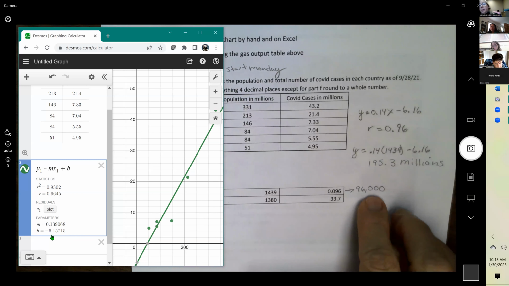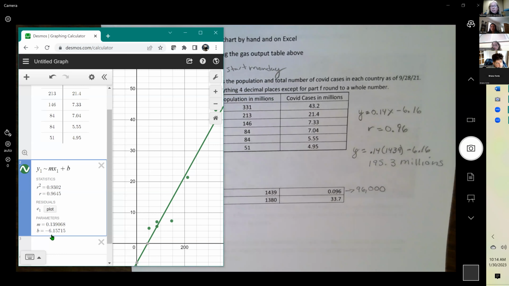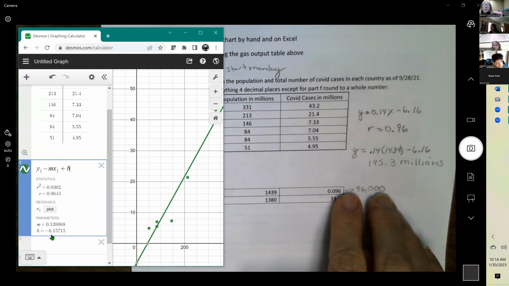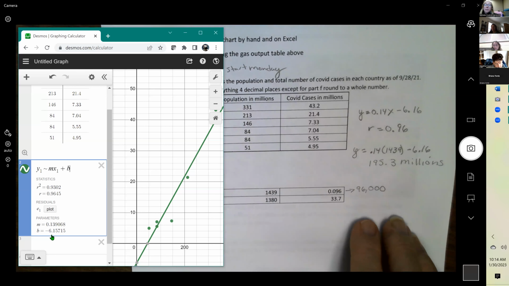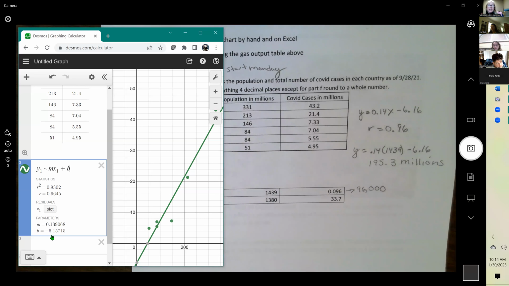At this time, supposedly, they only had 96,000 cases. So either they were lying or it was just, I don't want to call it luck, but maybe they started taking drastic measures sooner than everybody else.